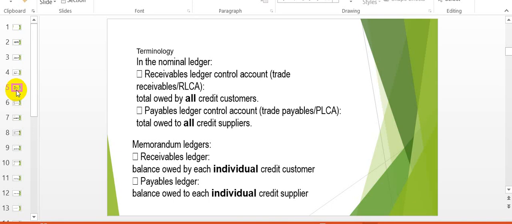The opposite of this one is the payables ledger control account, which records the total of all the amounts your business owes your suppliers. Then we do have the two memorandum ledgers, the receivable ledger which has the balances owed by each individual credit customer, and the payable ledger, which has the balances owed by each individual credit supplier.